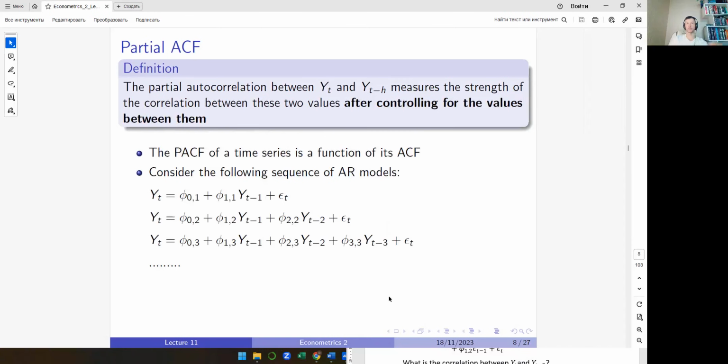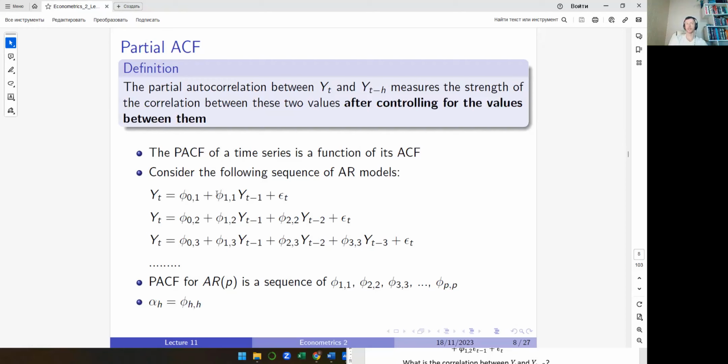So basically, the partial autocorrelation function is just a sequence of these coefficients, phi 1,1, phi 2,2, phi 3,3, up to phi p,p. So this is the partial autocorrelation function for an AR(p) model. And we usually denote this with alpha h.